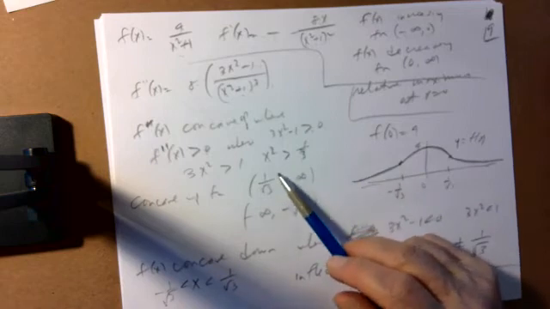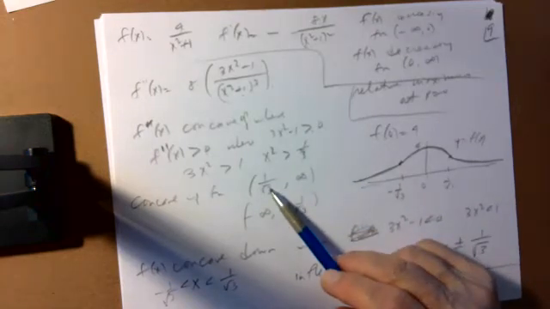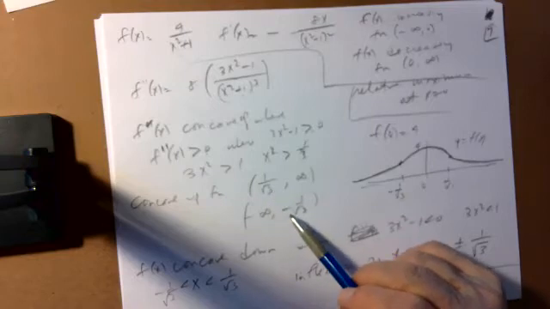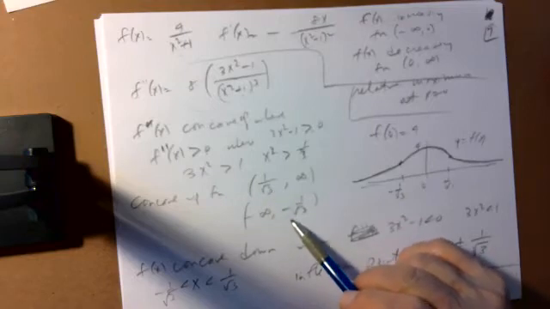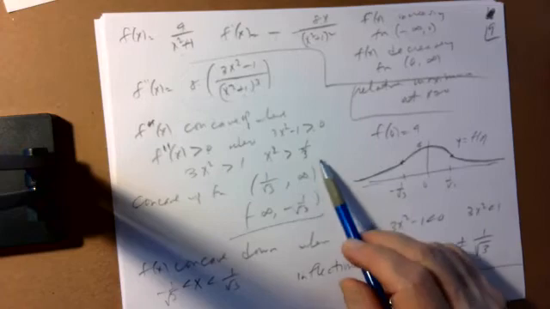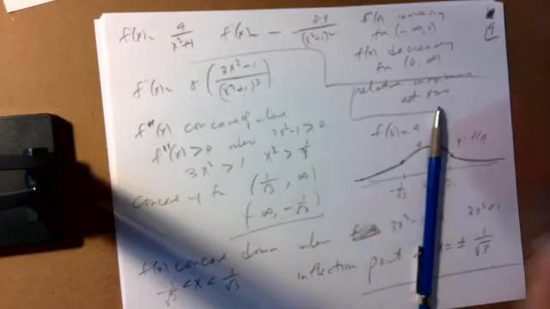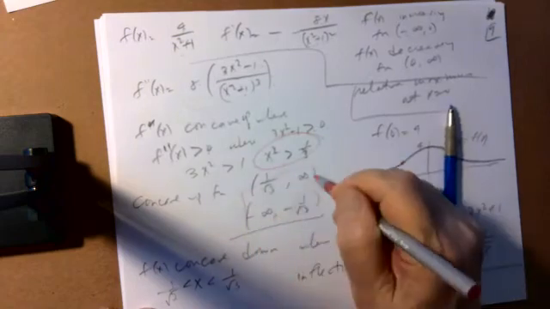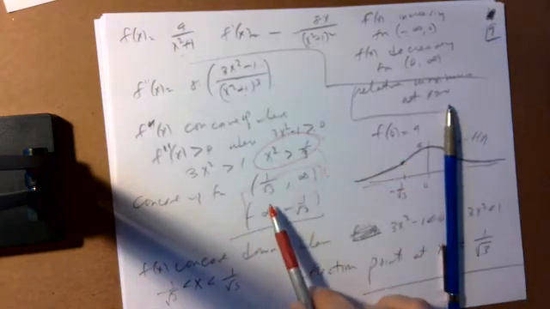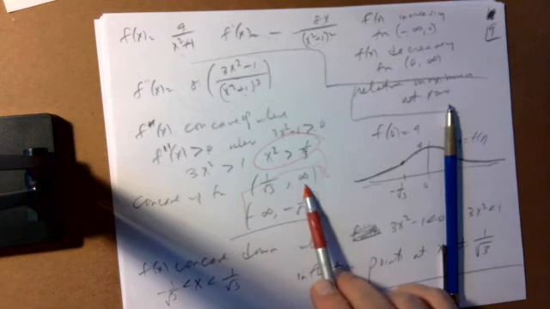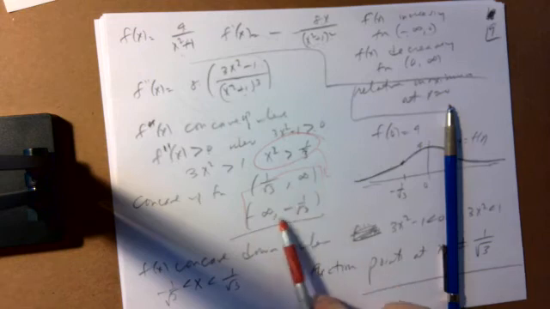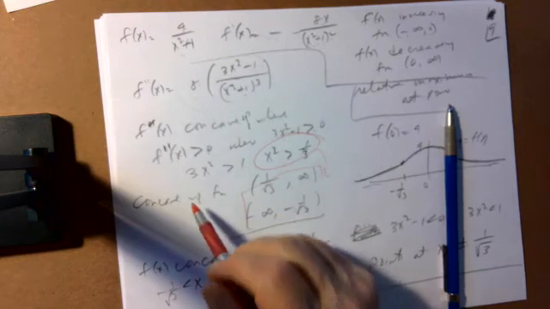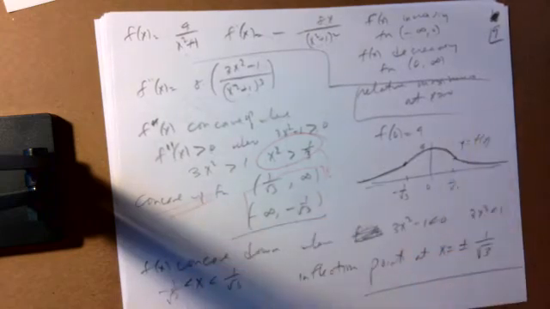When is x squared bigger than a third? If x is greater than 1 over the square root of 3, or less than minus 1 over the square root of 3. These are the two intervals where this inequality is satisfied. So from 1 over root 3 to infinity, and minus infinity to minus 1 over root 3, the function is concave up.